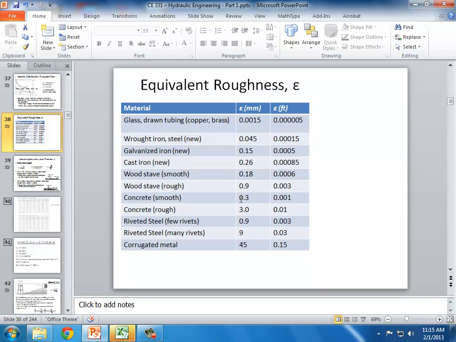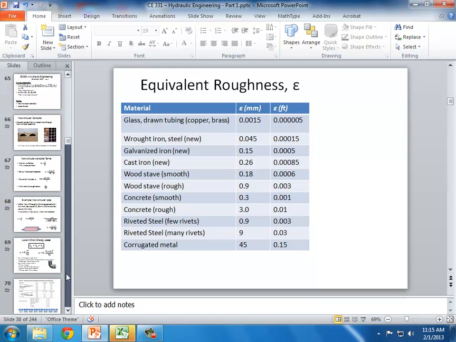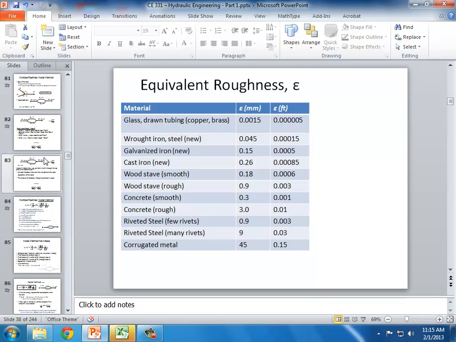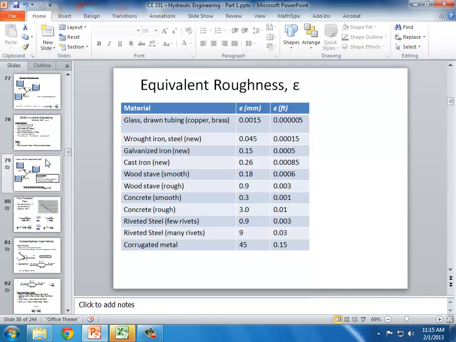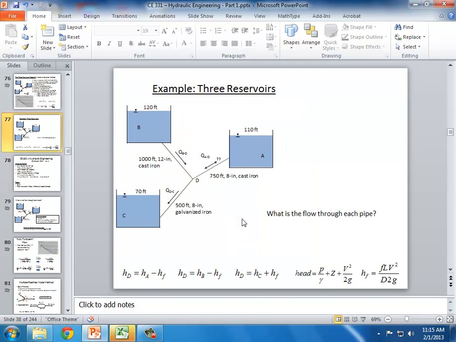0.00085. Galvanized iron has a K sub S of 0.0005, and our diameter for the galvanized iron pipe, let's go back to that, is an 8-inch pipe.